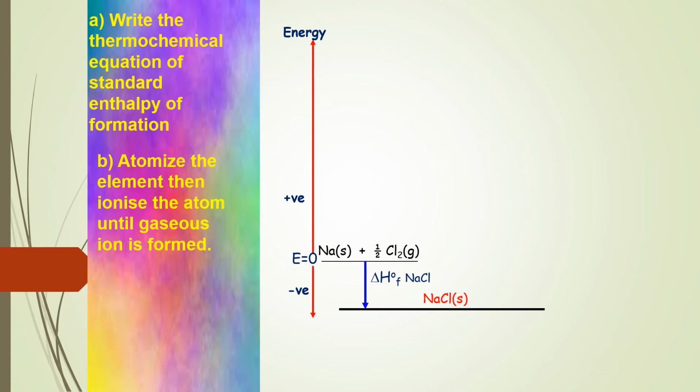Next step is to atomize the element and then ionize it until it forms a gaseous ion. In an energy level diagram, there are two types of arrow direction. The upward arrow represents positive enthalpy and the downward arrow represents negative enthalpy.